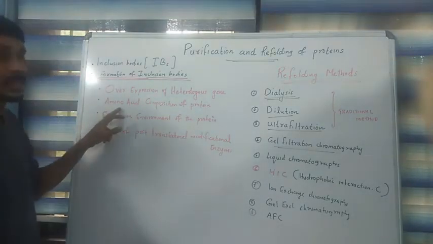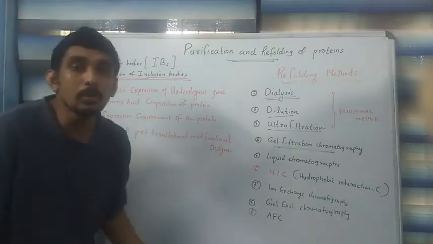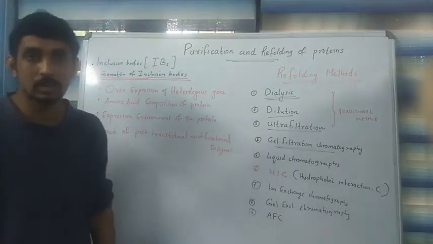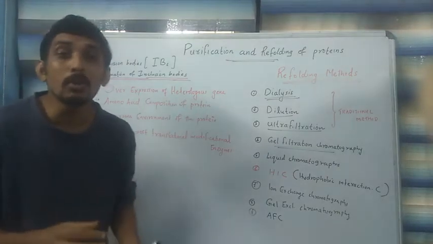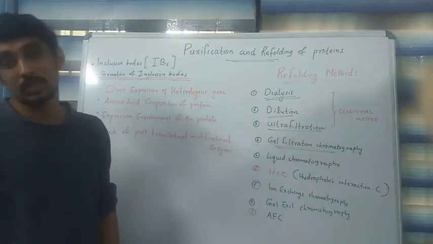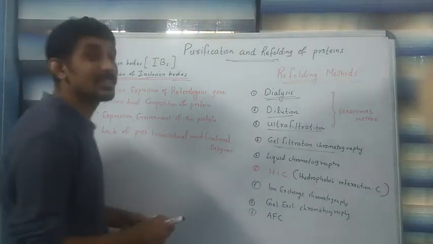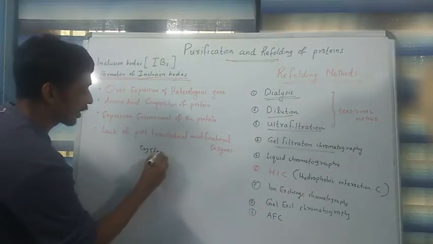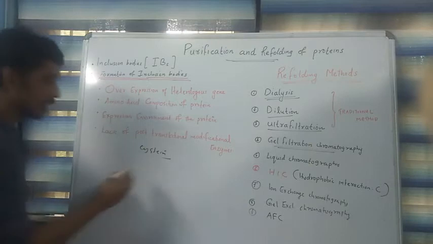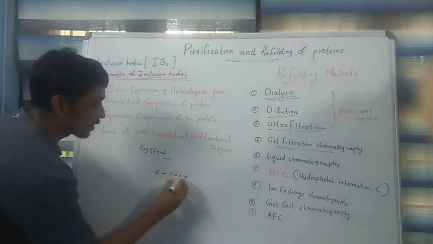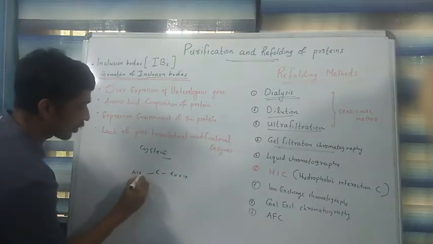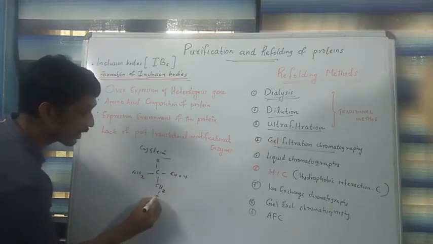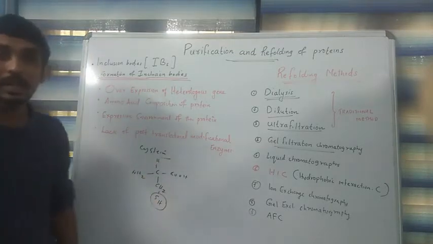And the second one: if the newly produced recombinant protein, or heterologous gene product, contains a large amount of sulfur-containing amino acid, for example cysteine. We know the cysteine amino acid contains a carboxyl group, an amino group and a hydrogen, and a variable group containing CH2SH, a sulfur-containing group.